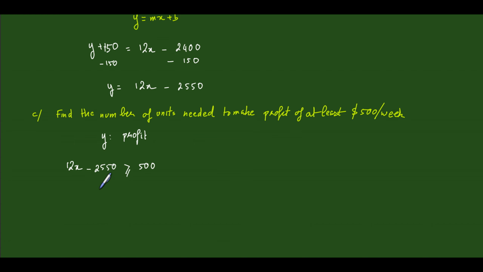All right. So x over here is the number of units sold. So x will be the number of sold units. Over here, I can get x easily by adding 2550 to both sides. So it will give you 3050, right?